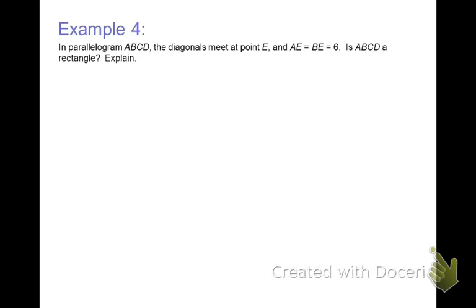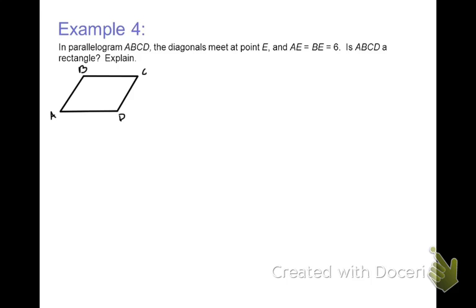So I'm just going to draw a regular old parallelogram. Not perfect, but as good as I'm going to get it. And then I'm going to label the outside so I can see where things should be labeled. A, B, C, and D.